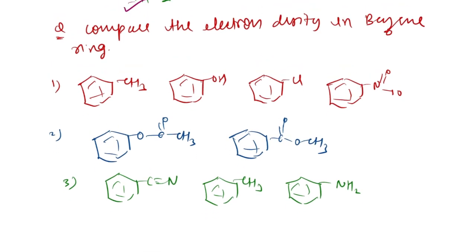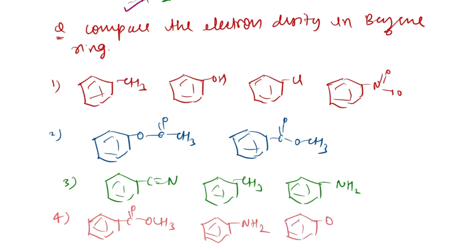Fourth, we have ester, amine, phenol. So now you have to compare the electron density in the benzene ring. Just pause the video and try to answer on your own, how you can guess the electron density in the benzene ring.